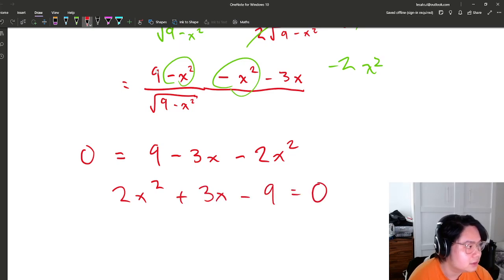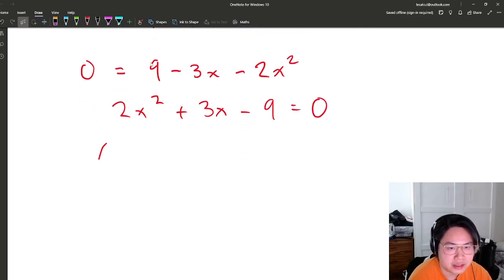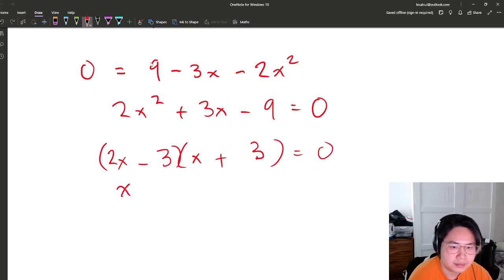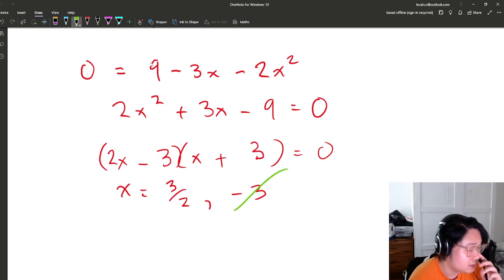Move everything over, factor, hey, 3 plus minus 3/2, -3, and then obviously x has to be a positive value, so x needs to be 3/2.